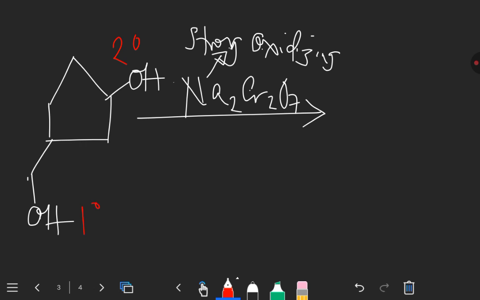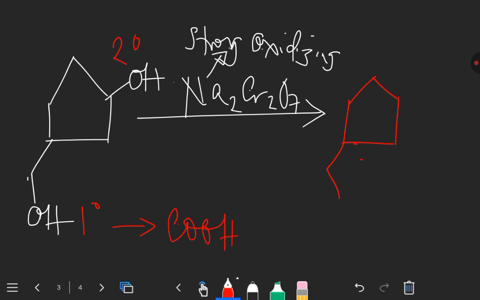So we are going to have a product of this kind. So this primary alcohol here will be converted to a carboxylic acid.